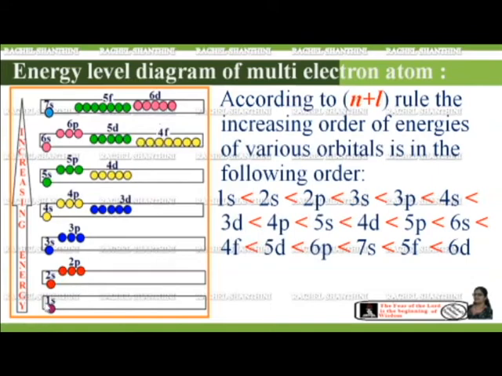The energy of an electron in the 1s orbital is less than the energy of the electron in the 2s orbital, which is less than the 2p orbitals, which is less than 3s, which is less than 3p, which is less than 4s, which is less than 3d, which is less than 4p, which is less than 5s, which is less than 4d, which is less than 5p, which is less than 6s, which is less than 4f, which is less than 5d, which is less than 6p, which is less than 7s, which is less than the 6d orbitals.